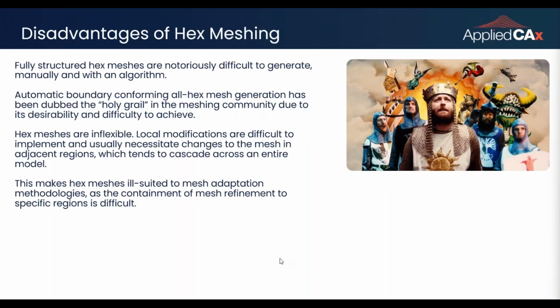So what are the disadvantages of hex meshing? The major issues with hex meshing are aligned with what Adrian was just showing. Fully structured hex meshes are notoriously difficult to generate, manually or with an algorithm.